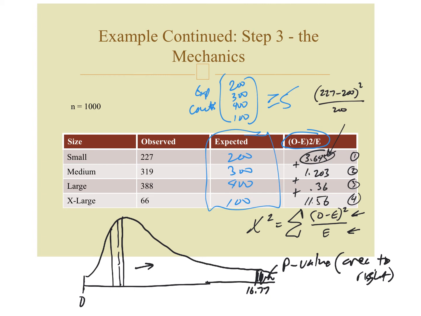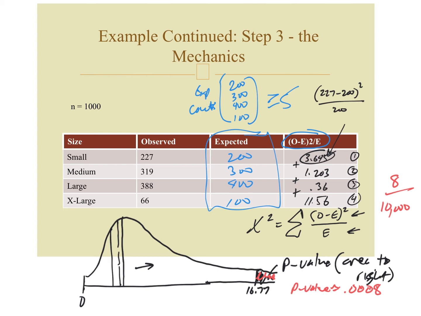And the p-value on this one, which again is the area right here, ended up being 0.0008, which means the difference that we observed between the number of sizes of each shirt that we sold and what we expected was like an 8 in 10,000 difference.